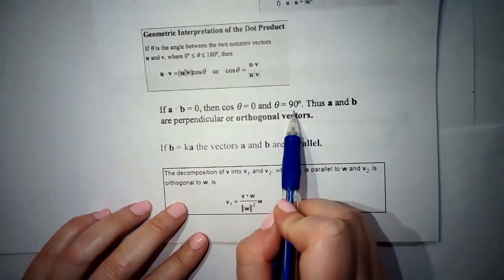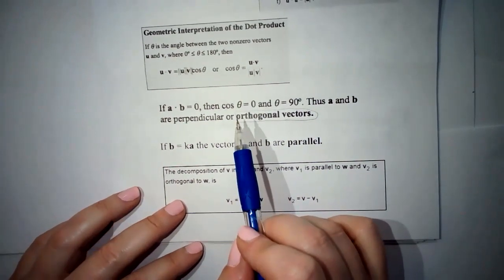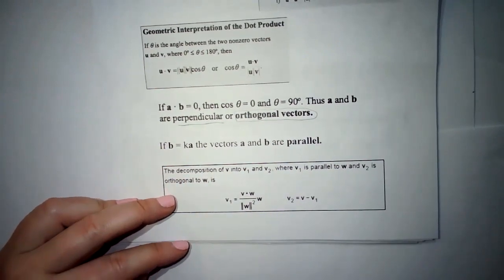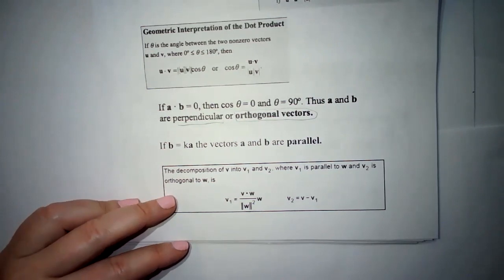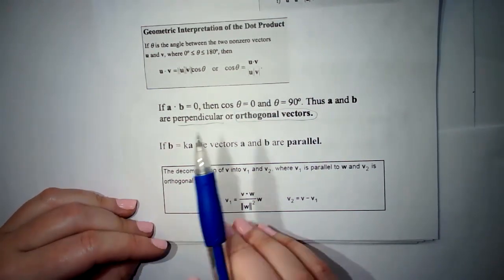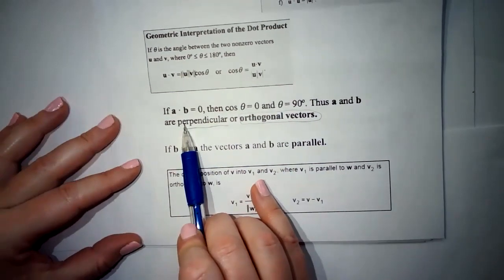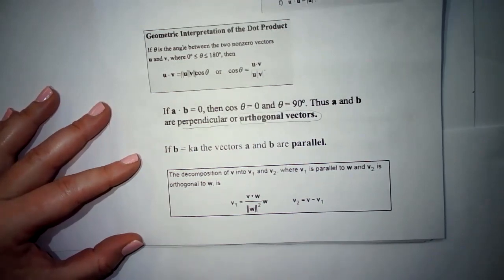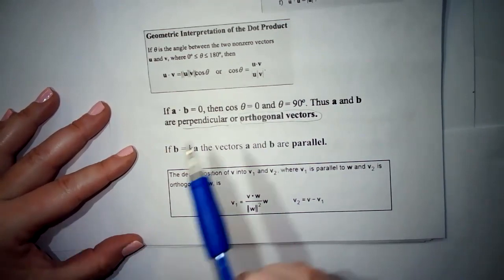We say they are orthogonal. So that means perpendicular. So if your question asks you, are your vectors orthogonal? You're like, I don't know, that's personal, right? So what you're going to do is find the dot product of each one. And if it's 0, yes. And if it's not 0, if it's anything else, no. There you go. That's how you know it's orthogonal.